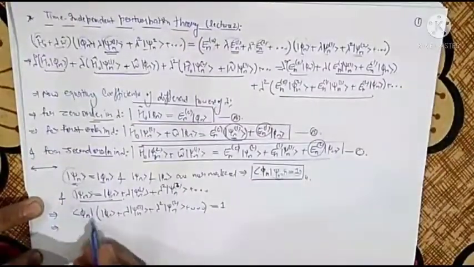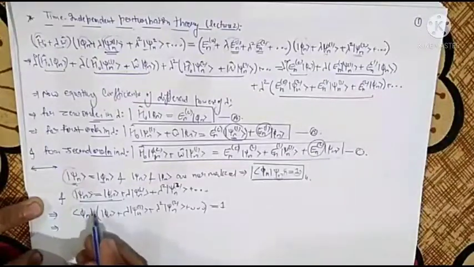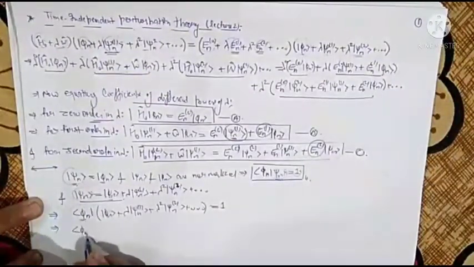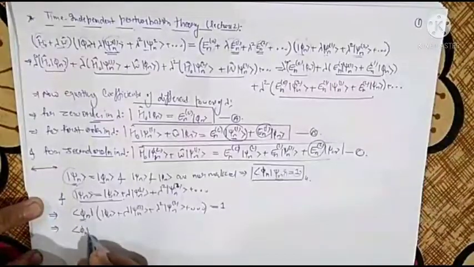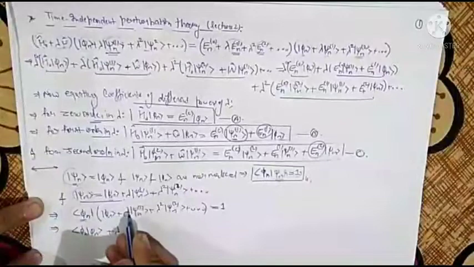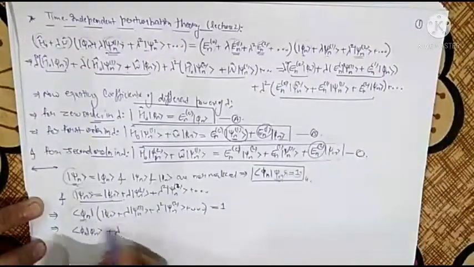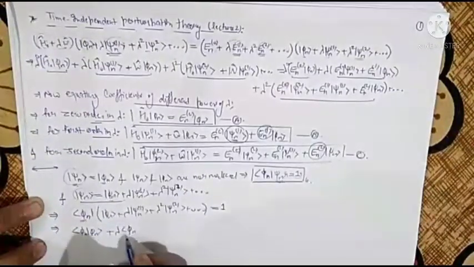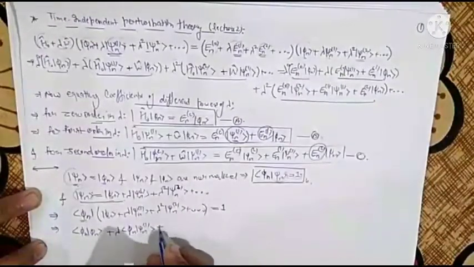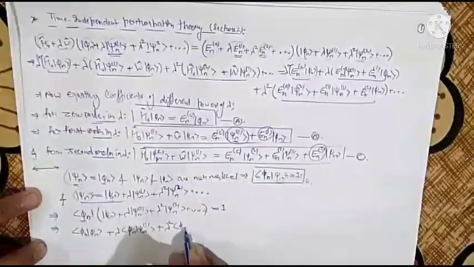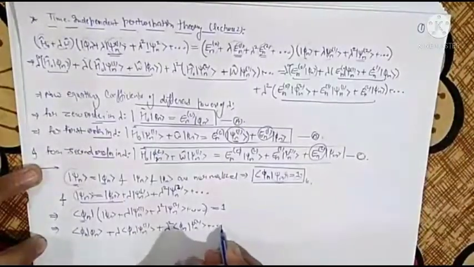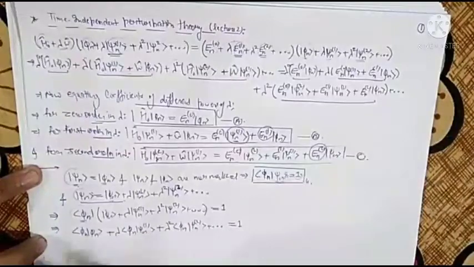Now just take the dot product of this bra vector with these ket vectors. So it will be phi n into phi n plus lambda, because it is just a scalar quantity, it will be out of the product, so it is phi n into psi n1 plus lambda square phi n into psi n2 and so on is equal to 0.